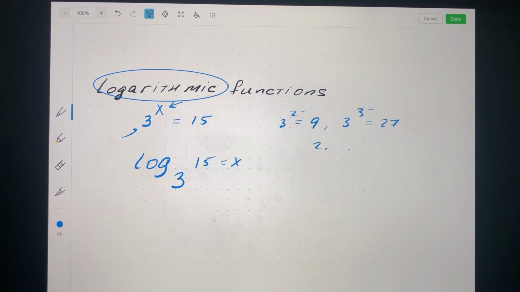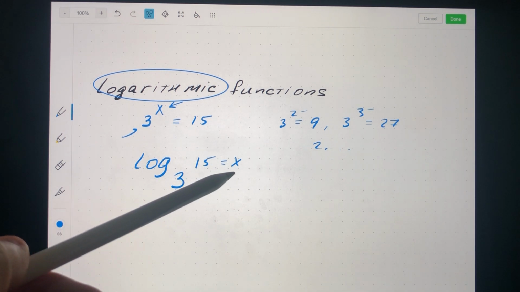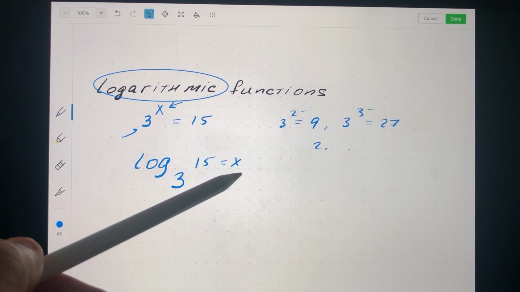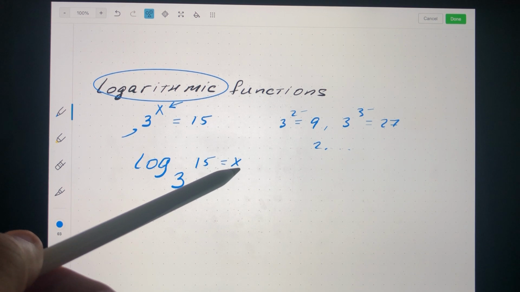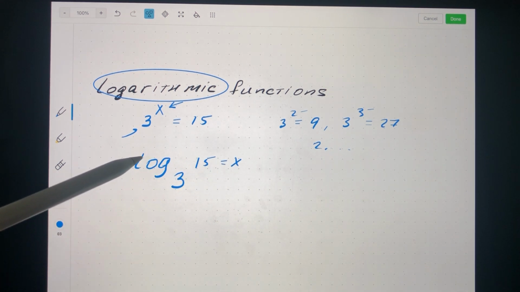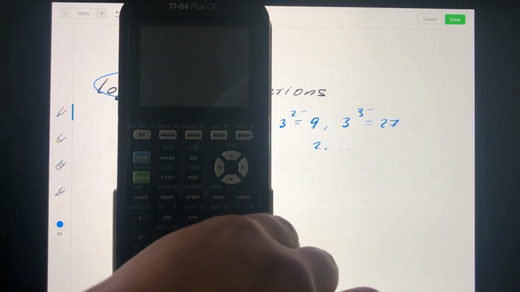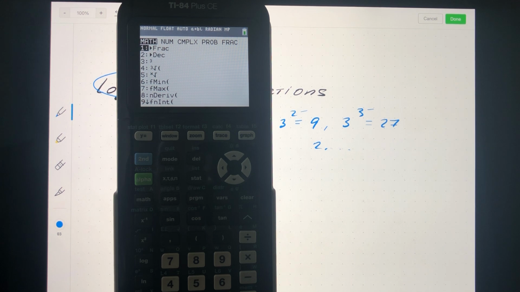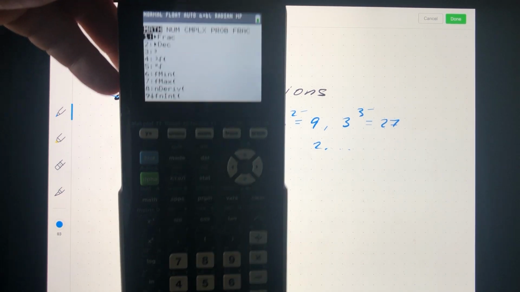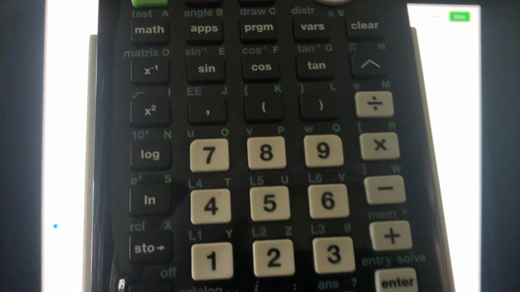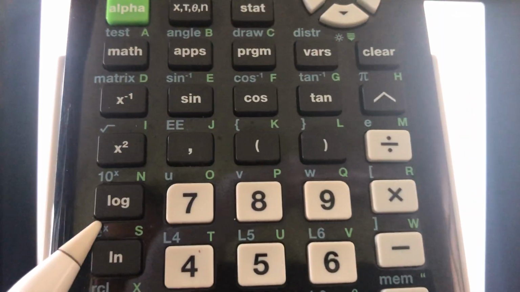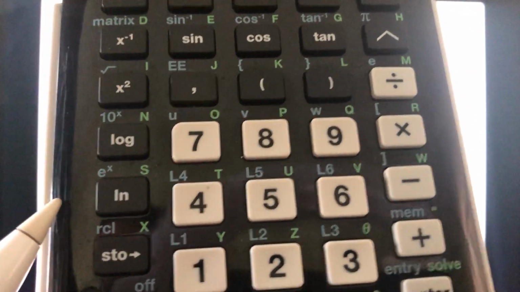Now, on one hand, wonderful, we have x. We solved it. But what is it? What is the number that actually works? We don't know yet. Now, on a calculator, we have 2 buttons. So here is our calculator. It has 2 buttons that deal with logarithms. The first one is log, and the second one is ln.